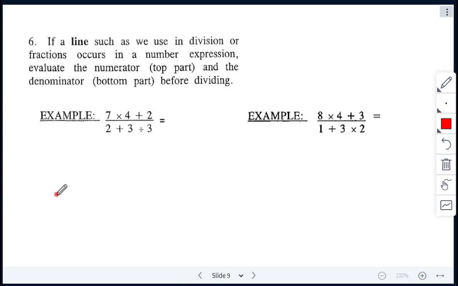All right, so let's go through this first example. So I'm just going to look at the numerator first here. I have 7 times 4 plus 2. So 7 times 4, what's 7 times 4? 28. So 28 plus 2, which is 30. That's my numerator.